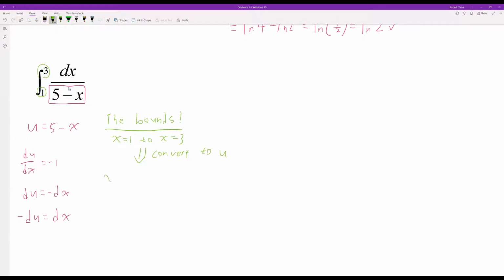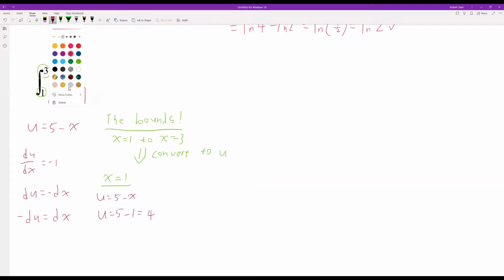So when x is equal to 1, we have to figure out what u is. We know that u is equal to 5 minus x. So when x is equal to 1, u is equal to 5 minus 1, which is equal to 4.